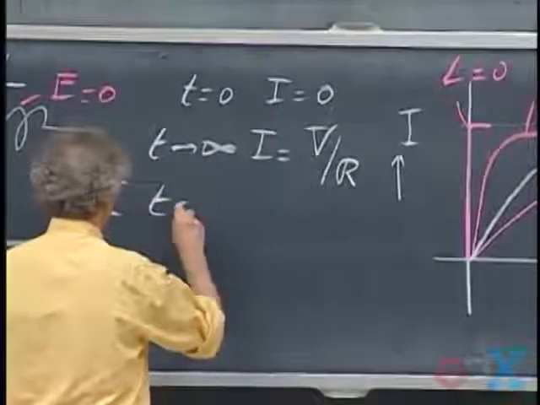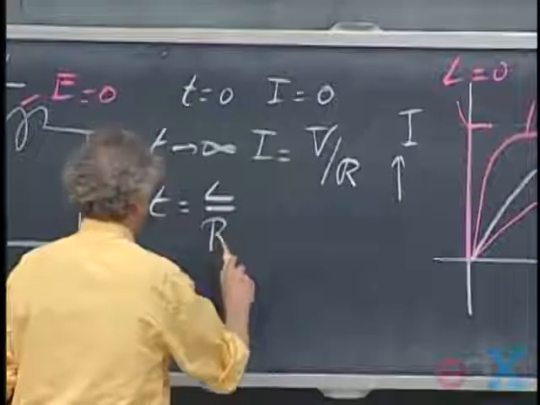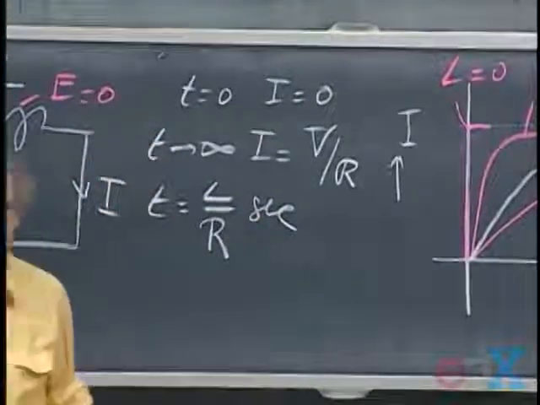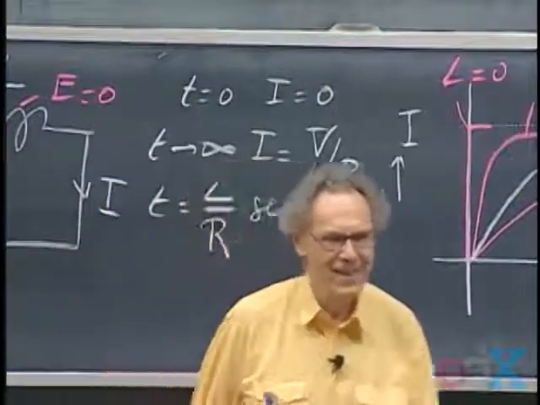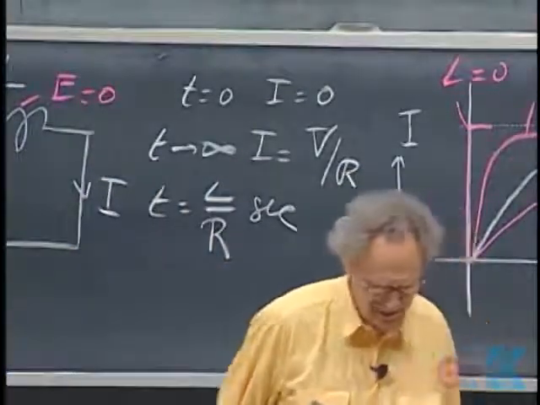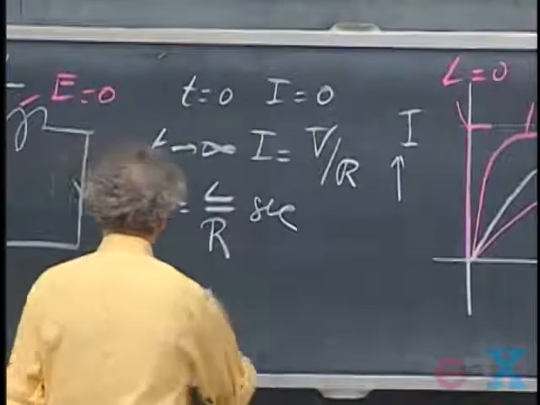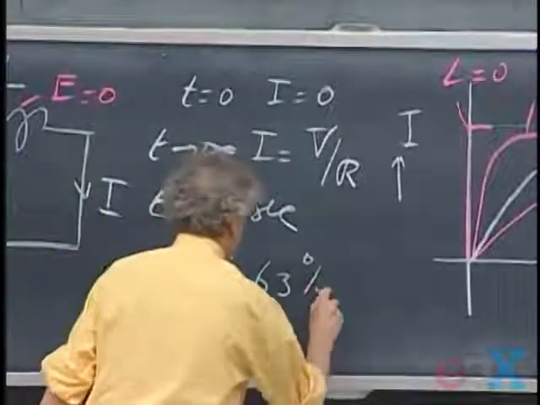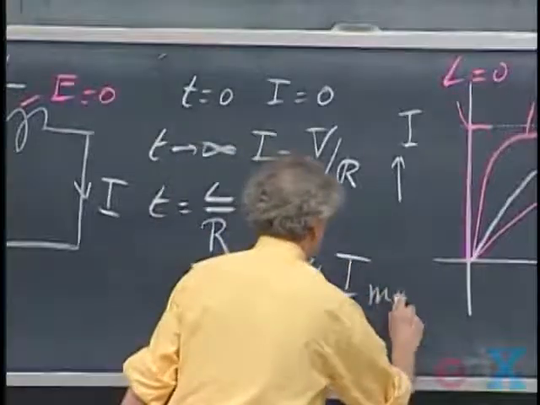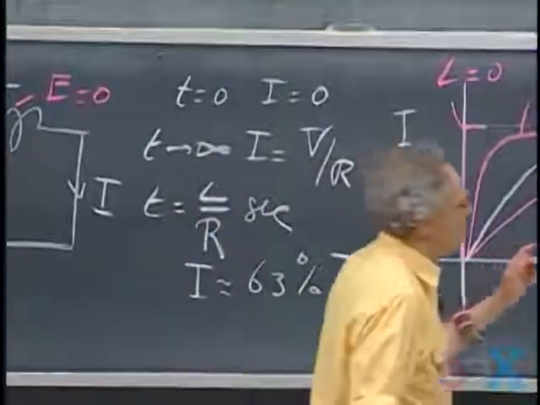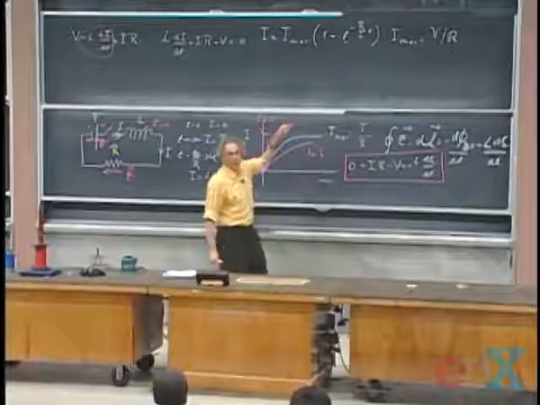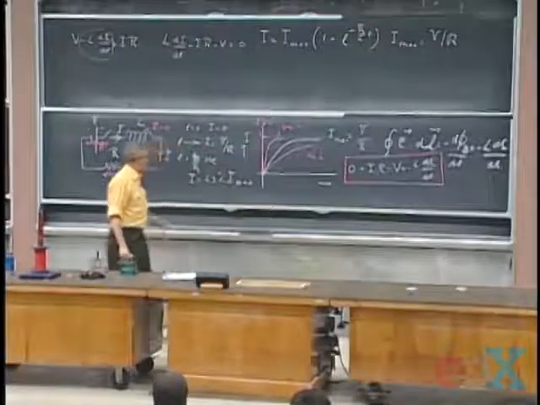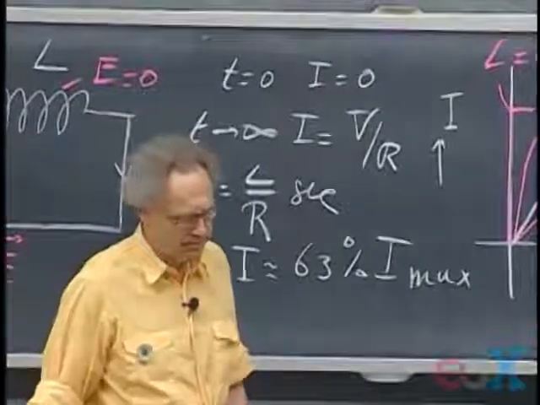If you wait L over R seconds, and believe it or not, if you have some time, convince yourself that L over R as a unit is seconds, then the current I is about 63% of I max. Because if t is L over R, then you get 1 minus 1 divided by e, and that is about 0.63.